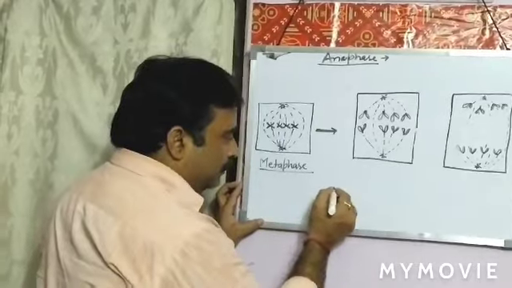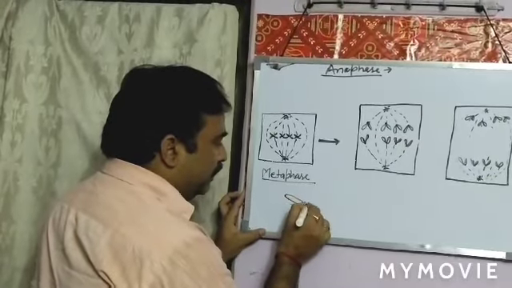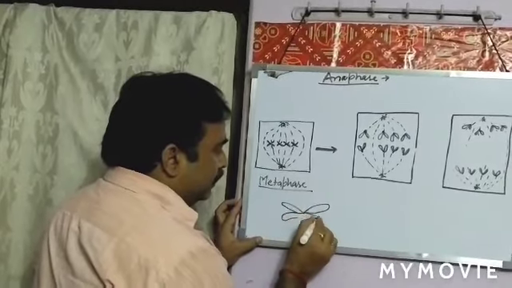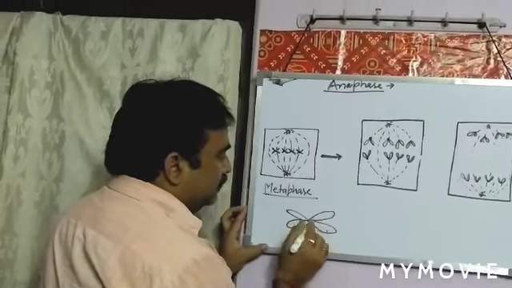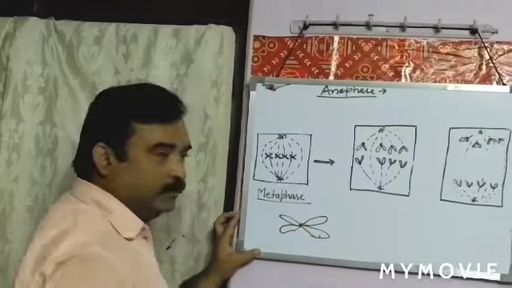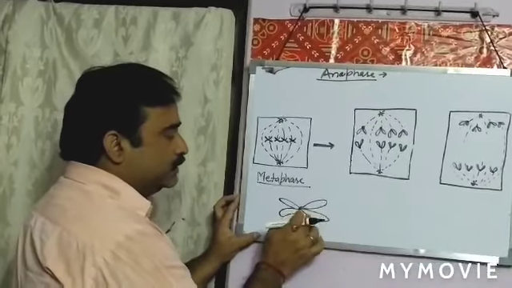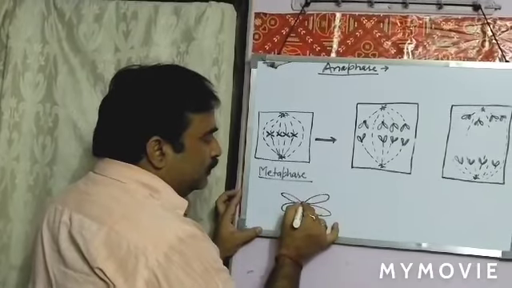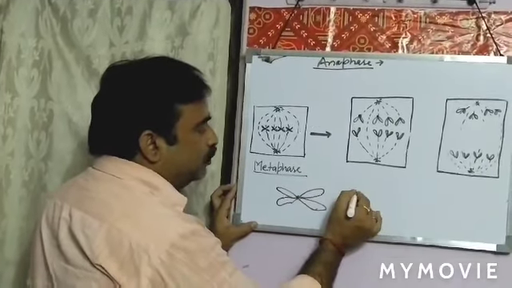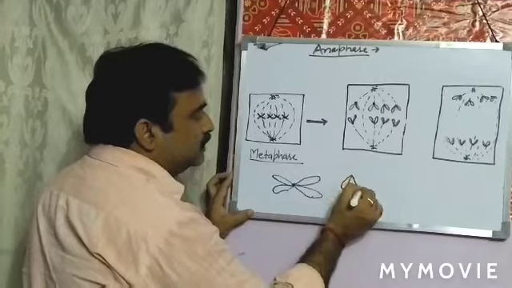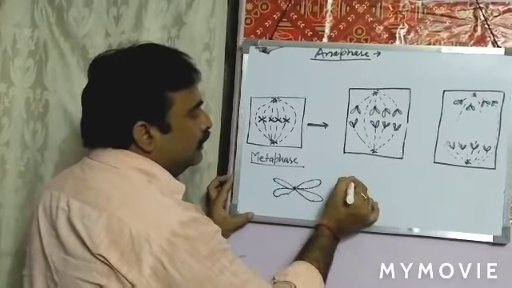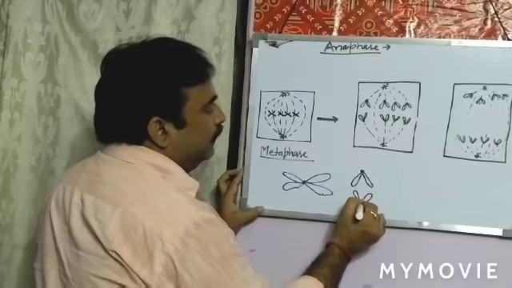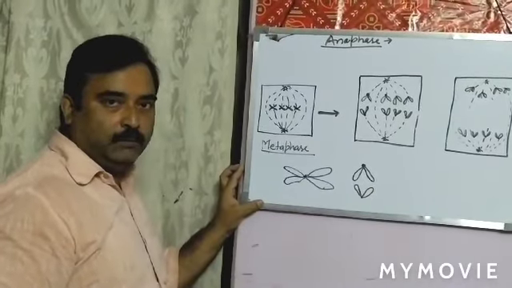Let me draw one chromosome here and try to explain. This is the centromere, and these are the sister chromatids. So what happened? This chromosome splits from the centromere, and the sister chromatids start moving towards the opposite pole.